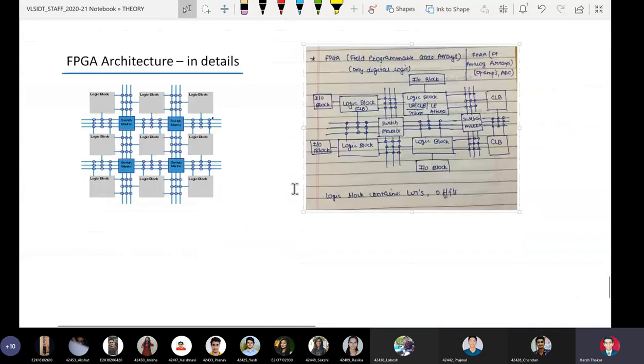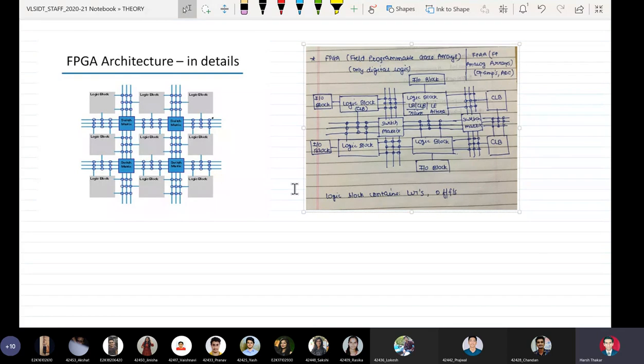Many a time these logic blocks are also called CLBs, or configurable logic blocks, or logic elements. So Xilinx calls the basic building block of an FPGA a CLB, that is configurable logic block, while Intel or Altera, who is a competitor of Xilinx for manufacturing PLDs, they call the same blocks logic elements. Similarly, in the right side diagram, it's the same thing, and here we have written CLBs and there is an IO block.